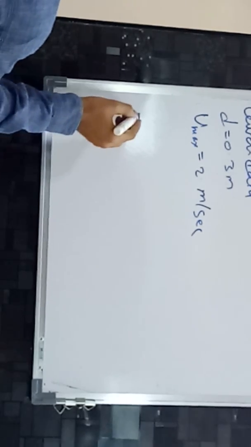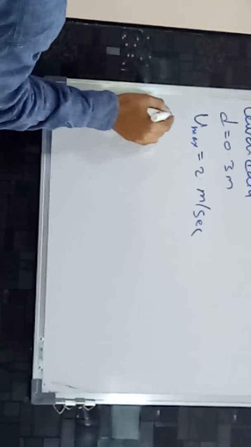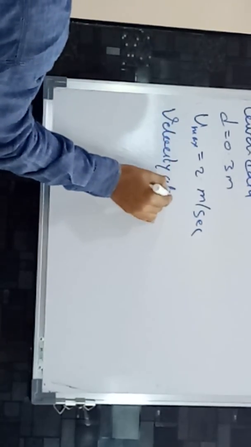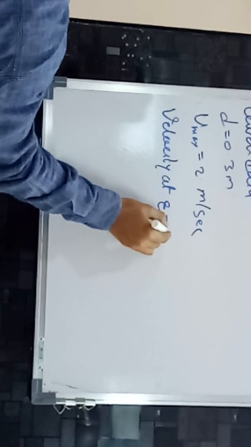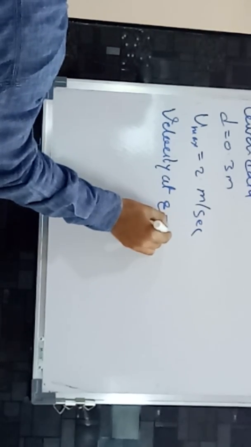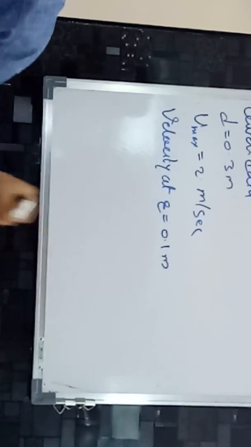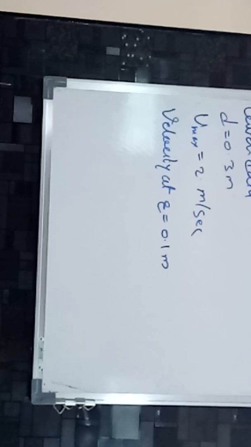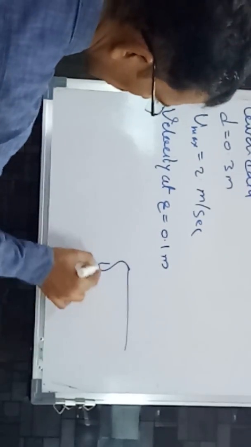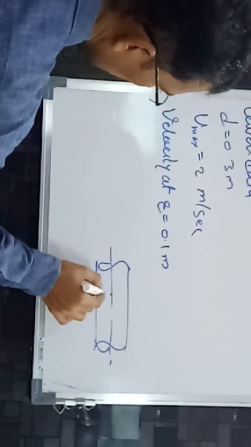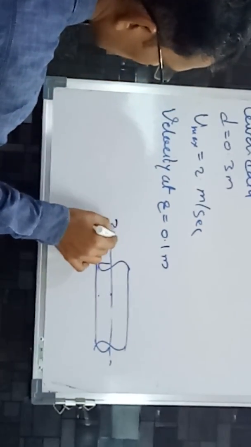Now, the velocity at small r is given as 100 mm from the center. Here, from here to here, total how much? 300.